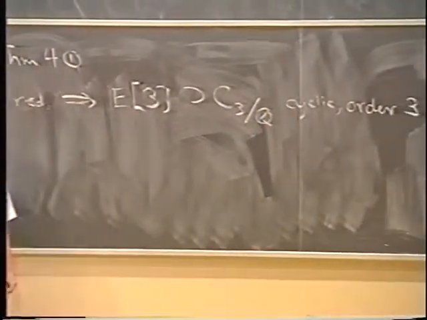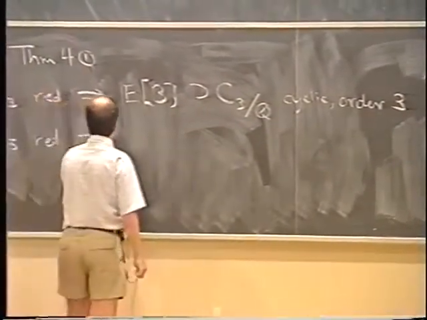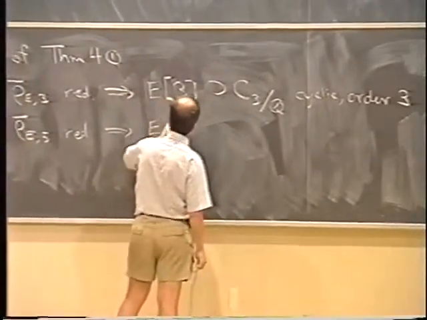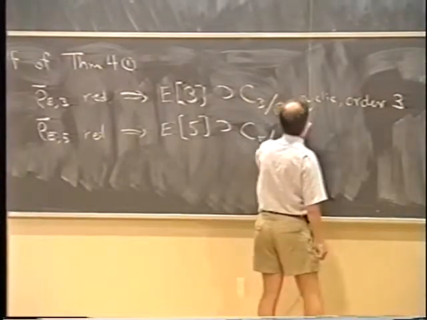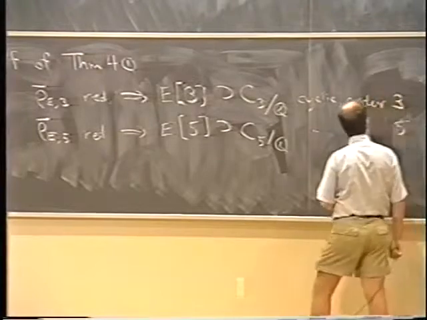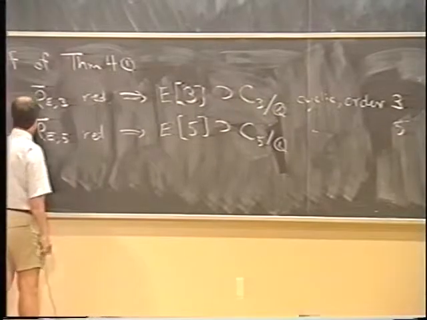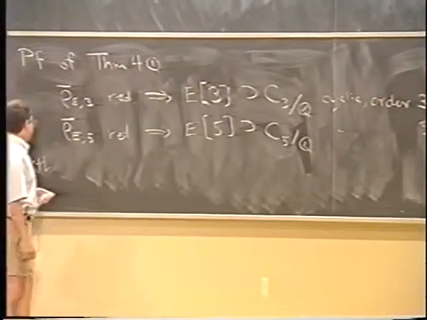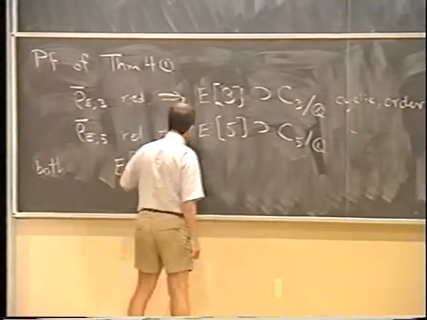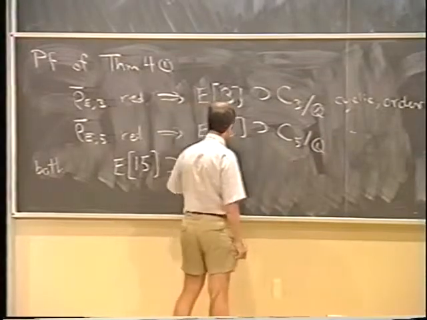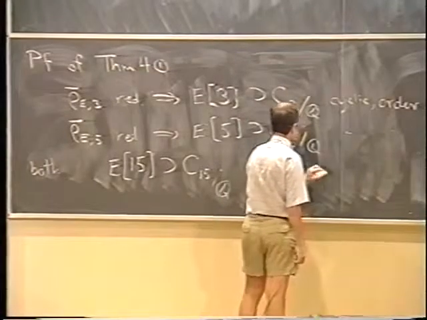And similarly for the 5 torsion, if the mod 5 representation is reducible, that's the same as saying that the 5 torsion contains a Galois invariant subgroup, which is cyclic of order 5. Well, if both of these things happen, then we can just interpret that as a cyclic subgroup of order 15. So that the 15 torsion contains C15, which is defined over Q, and it's just the sum of C3 and C5.